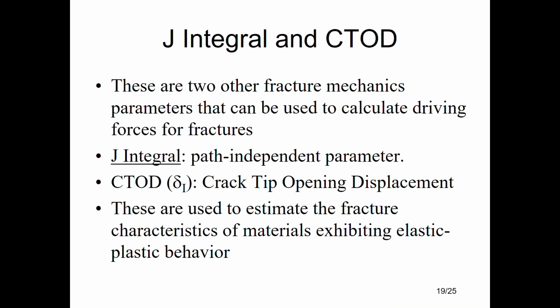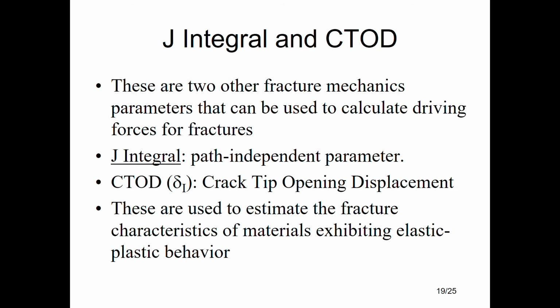Now I'm going to introduce you to a technique that we most likely use in fracture mechanics: the J integral and CTOD. These are two other fracture mechanics parameters that can be used to calculate driving forces for fractures.